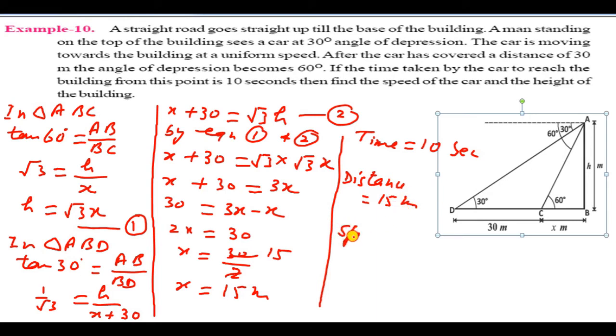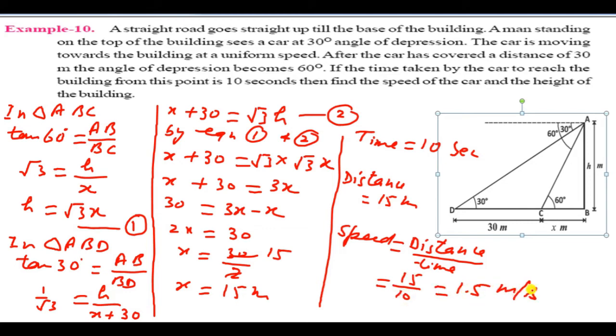So speed is equal to distance upon time. Distance is 15 meters and time is 10 seconds. So we get 1.5 meters per second. So that is your answer.